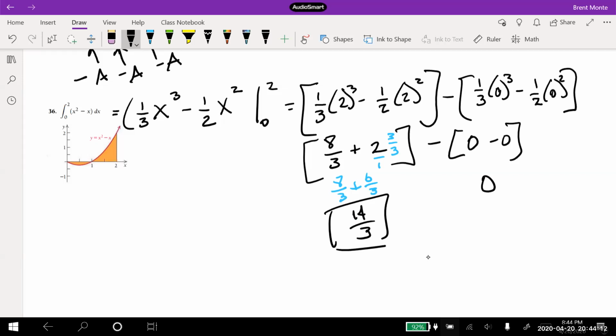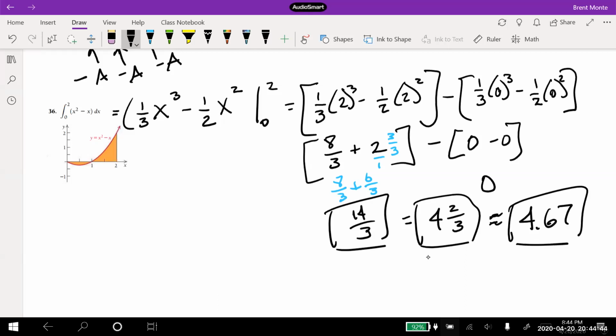And if they wanted to go to a mixed number, they could. They would tell you on the computer what to go to. So let's see. 3 goes into 14 4 times. So it's 4 with 2 left over. That's better. So it's 4 2/3, if you wanted to go to a mixed number, or if you wanted to go to a decimal, see, now we have to approximate, 4.67.